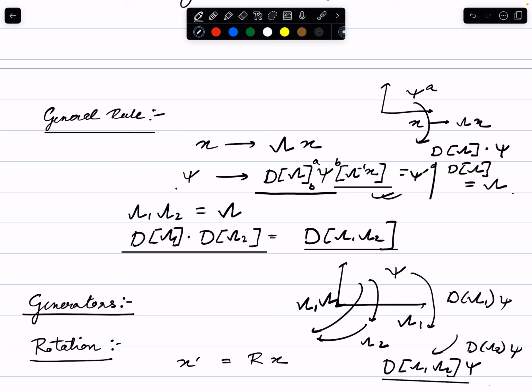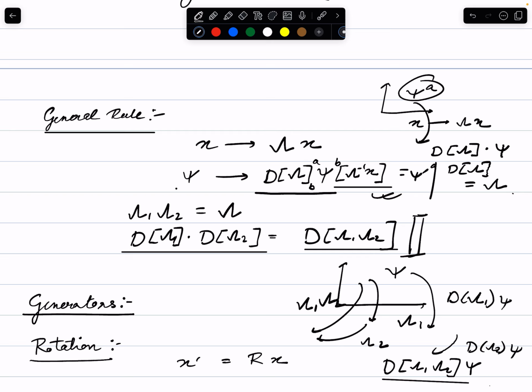So all we are saying is that if there is some physical field psi, and I make a space-time transformation, and I demand that it changes by some function of the space-time transformation, it should satisfy this property at least for consistency: if I take two transformations in series, or take it at one go, they should give the same result.